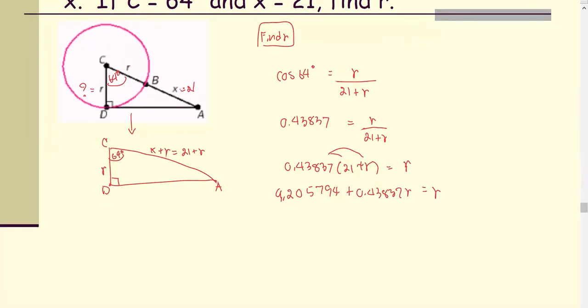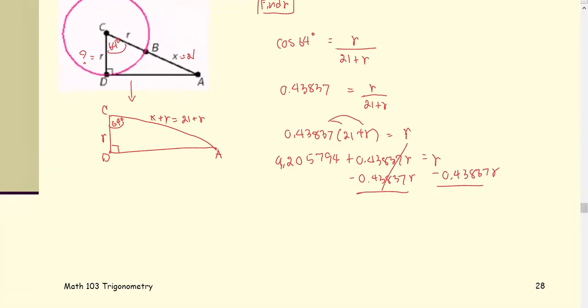And next, we subtract 0.43837 r from both sides. The left-hand side is 9.205794, and the right-hand side, from subtracting 0.43837 r from r, we get 0.56163 r.